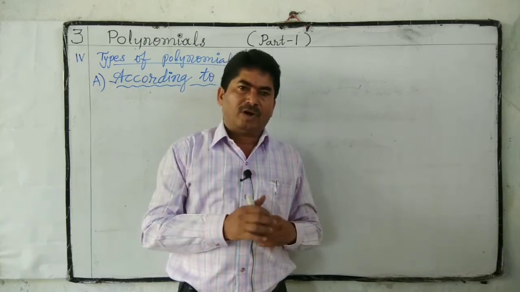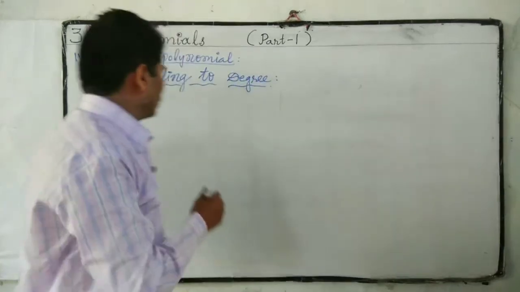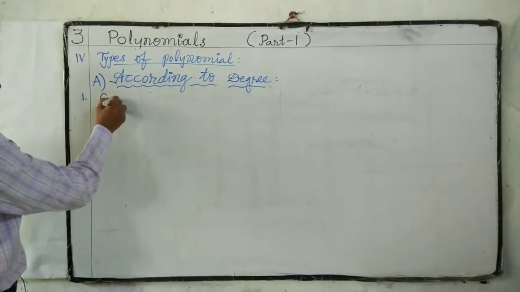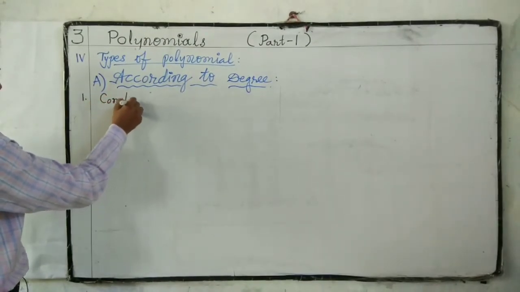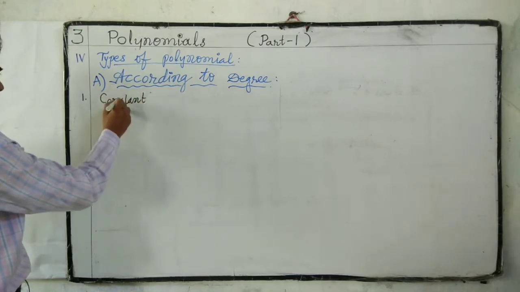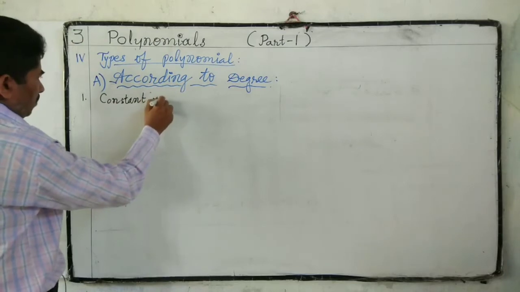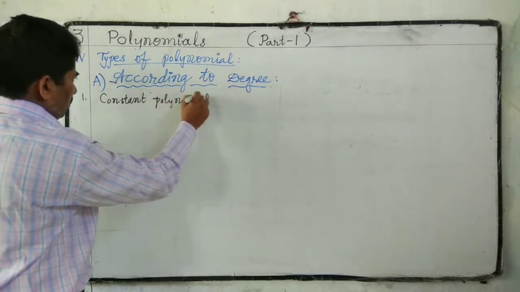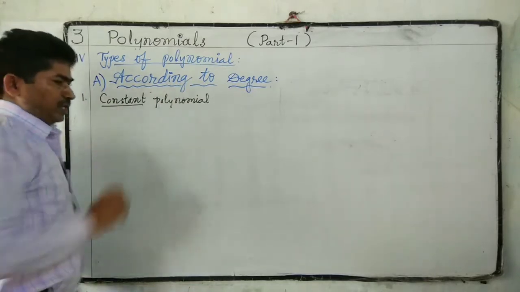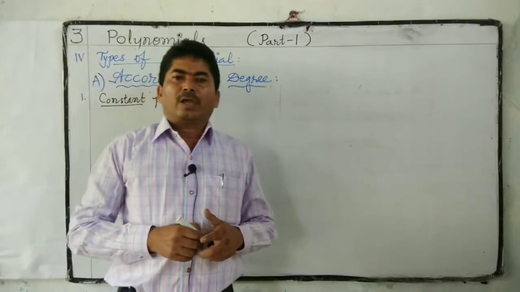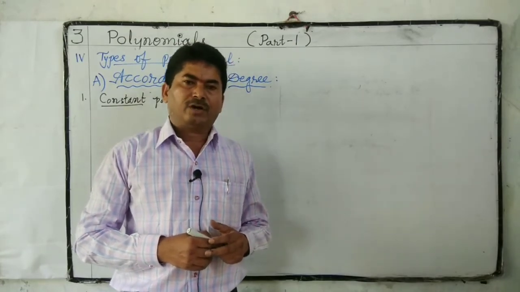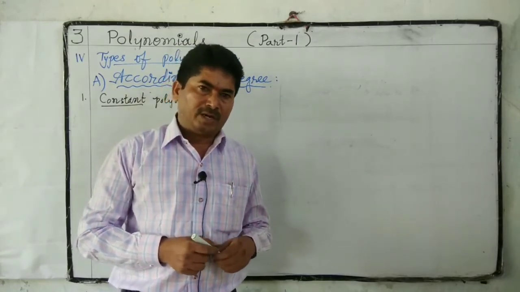Let us learn one by one. Constant polynomial. A polynomial of degree 0 is called constant polynomial.